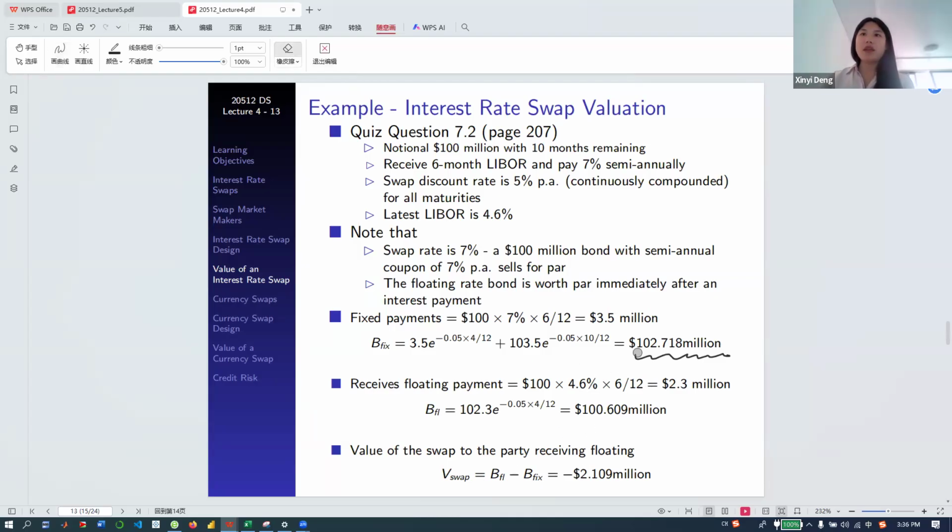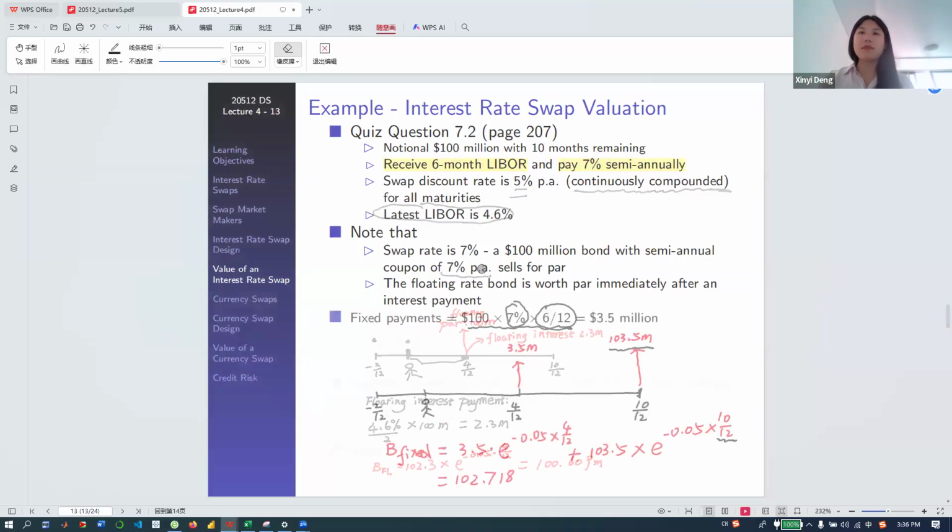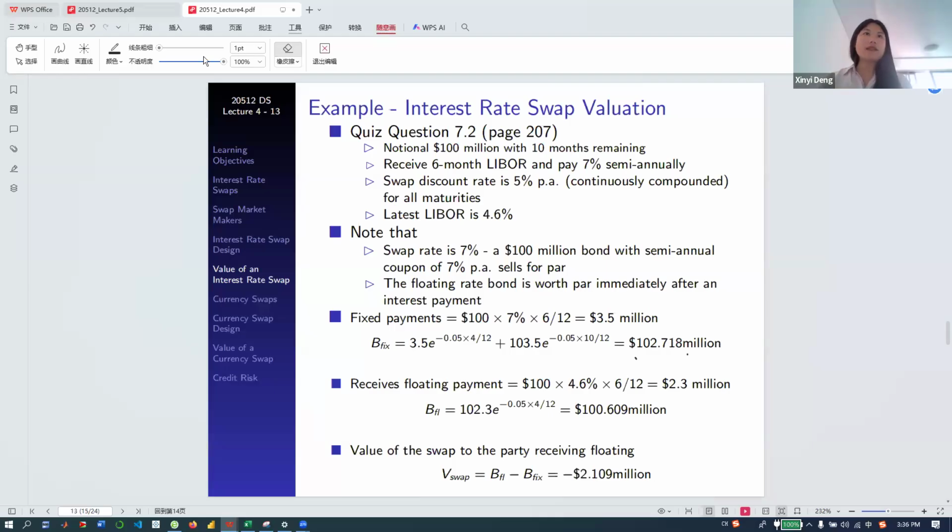So in the front, we have to use the value of the floating rate bond, and we know that its value is this 100.609 million. So that's exactly this amount here, minus the fixed rate bond value we just calculated.